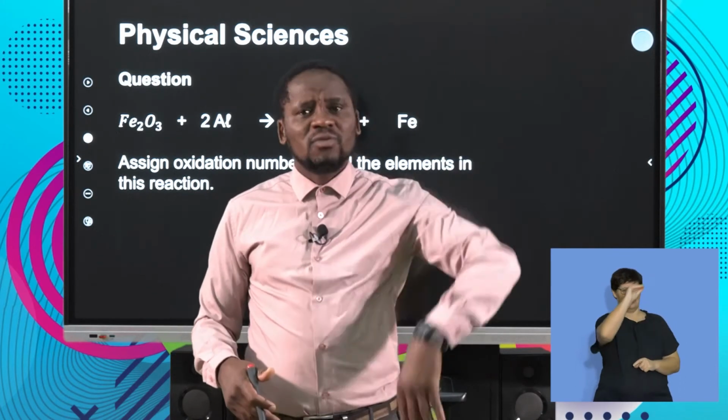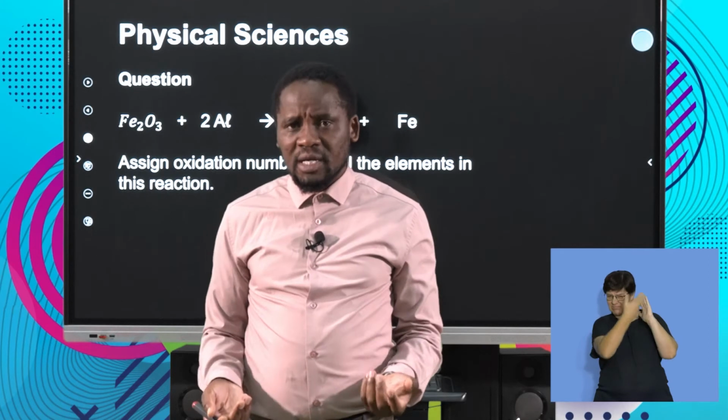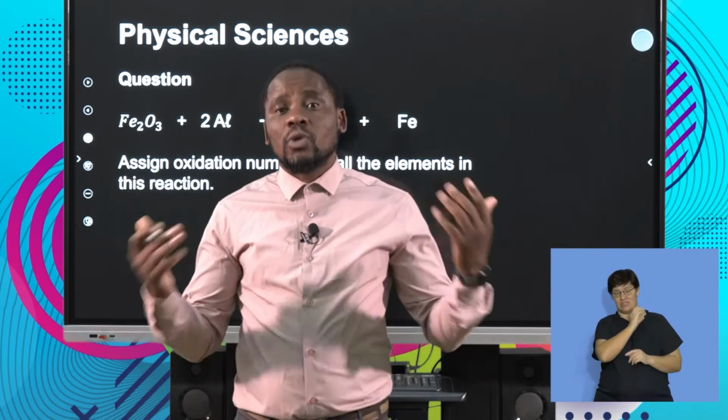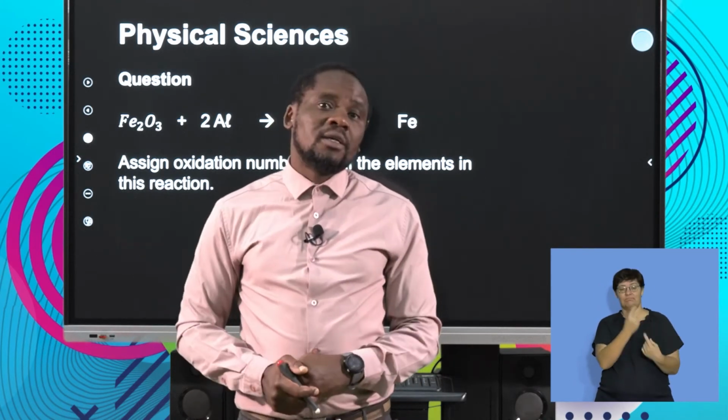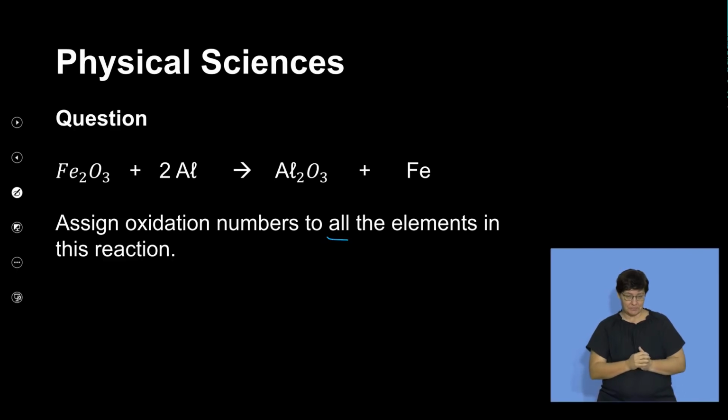There's a whole set of rules that we need to remember and know when to apply each one of them in given scenarios. So in this case, let's start with iron 3 oxide. Now, which rule applies in this case? We know that oxygen in its combined form has an oxidation number of -2, right?